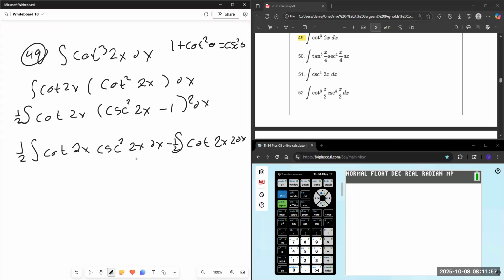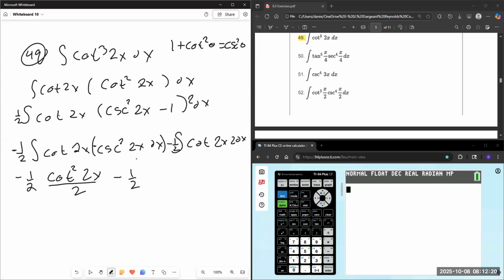Now I actually need the derivative of cotangent as a negative cosecant squared, so negative and negative here. And that's going to give me negative 1/2 cotangent squared 2x over 2 minus 1/2.